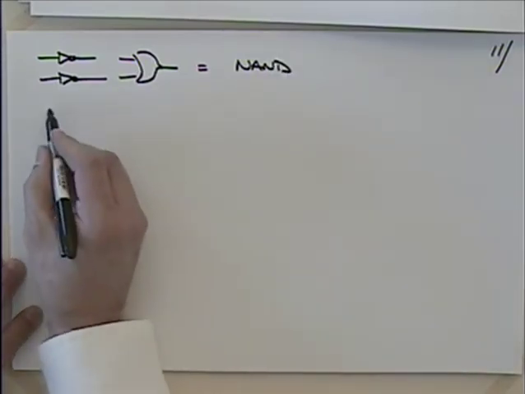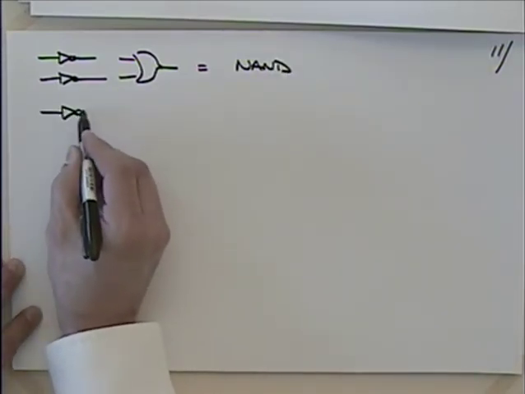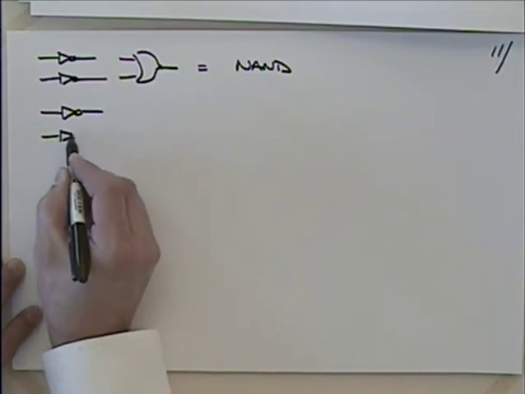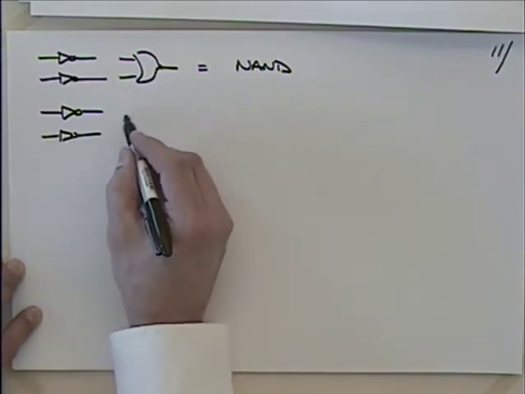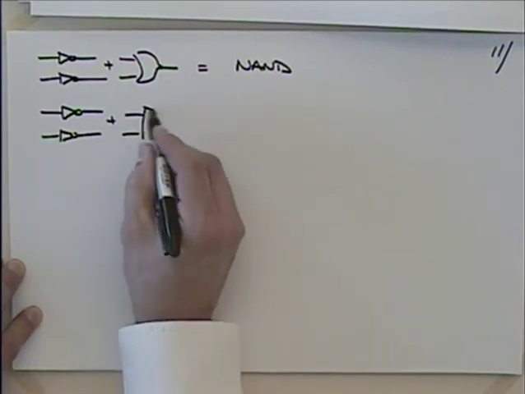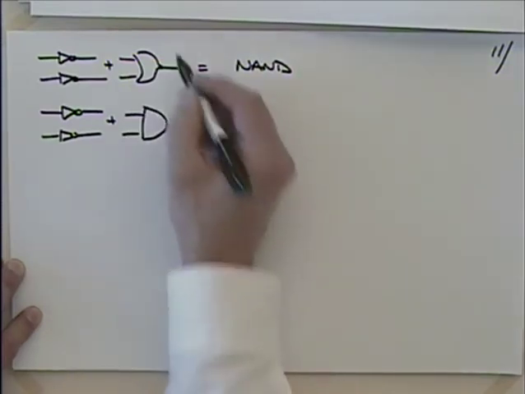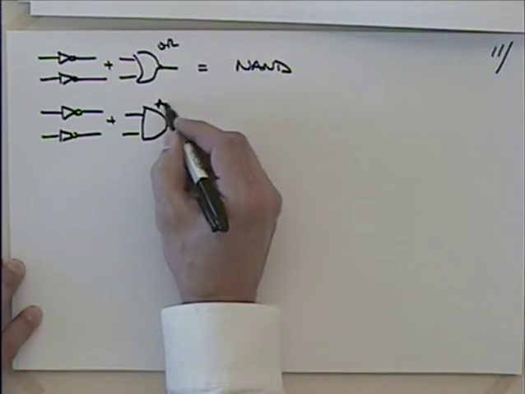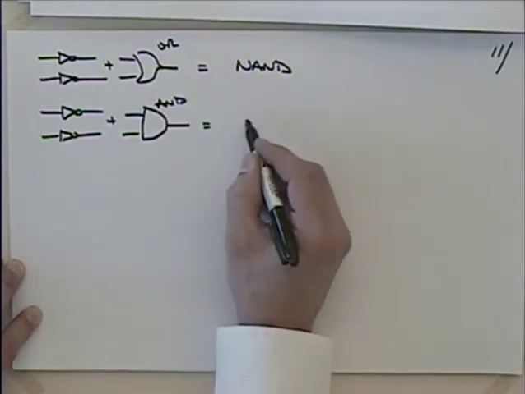And if I take a couple of inverters and put those inverters on the front end of an AND, so this is an OR, this is an AND, we get a NOR.